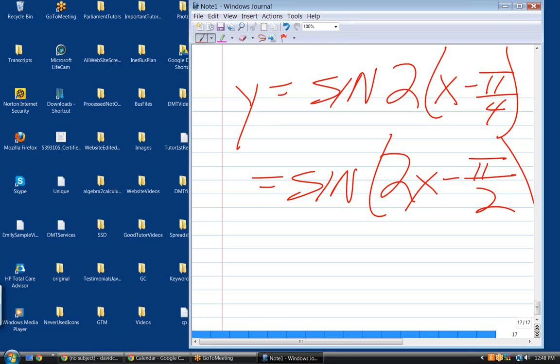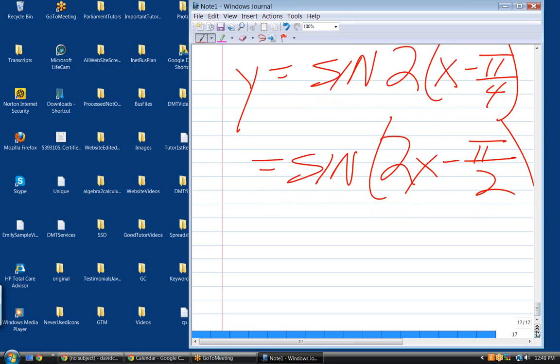Okay? And then D is really easy. There's no difficulties with D at all. For D, it does not matter whether B is inside the parentheses or not. D is strictly a vertical shift.